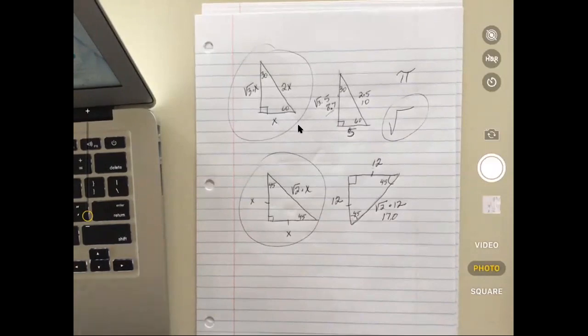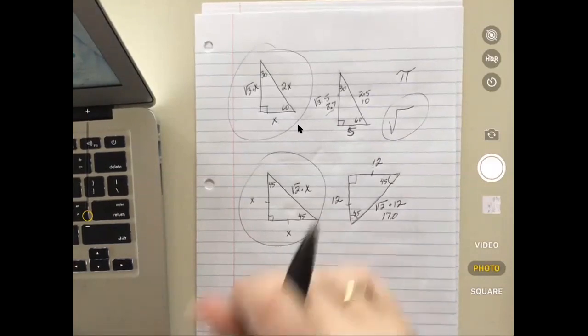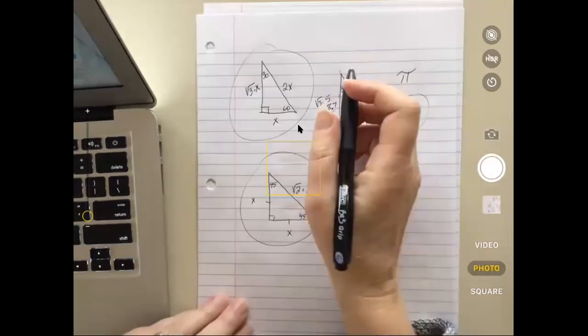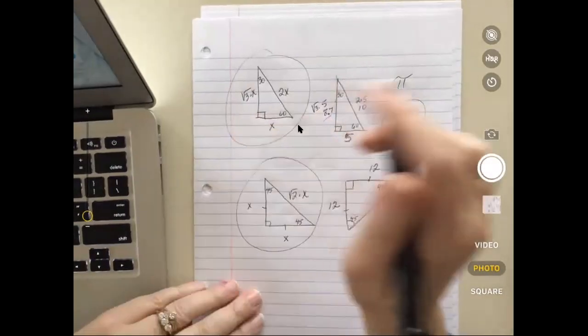Oh, on the scatter plot, I can give you a hint. So you've been working with the Desmos calculator?